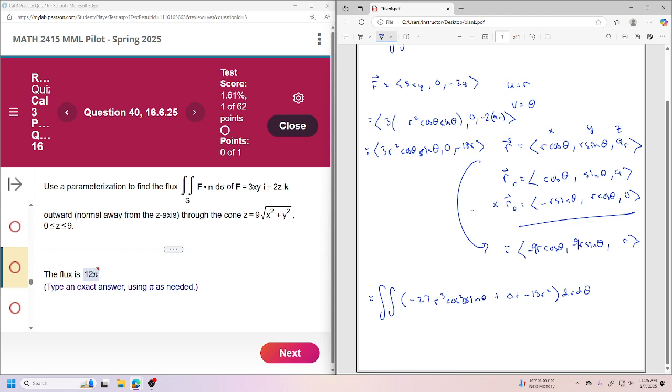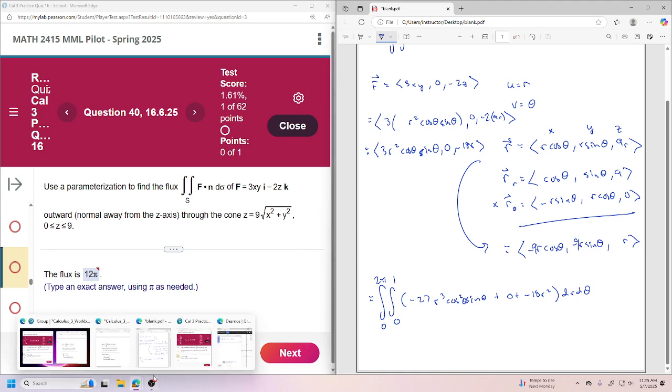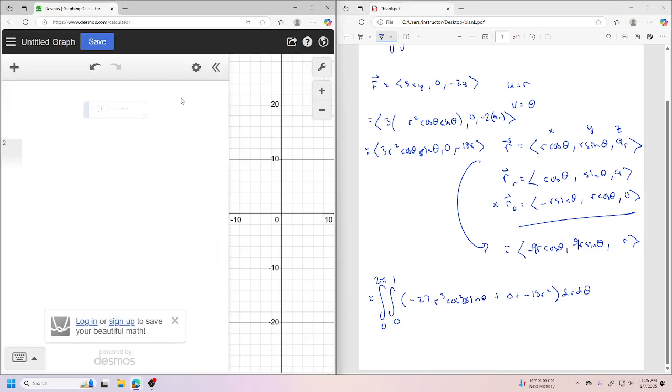And if I'm going for my r, I should be going 0 to 1, because z is 0 to 9, and this is 9 times r, so r must be 0 to 1, and then 0 to 2 pi, of course. Check it out and get the answer, hopefully.